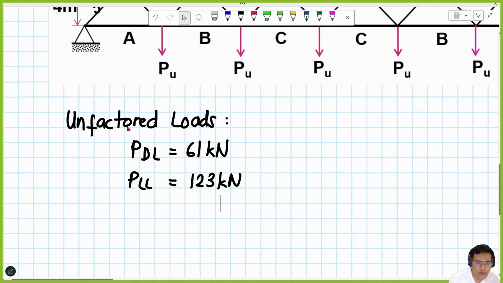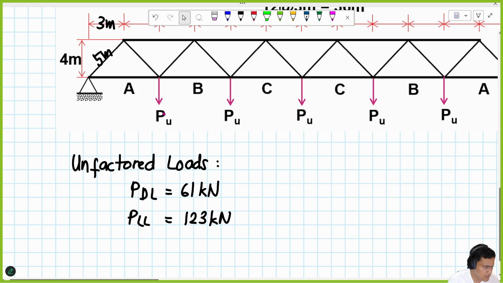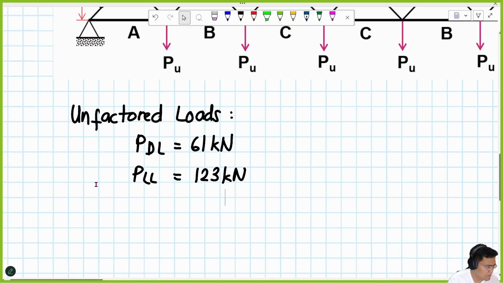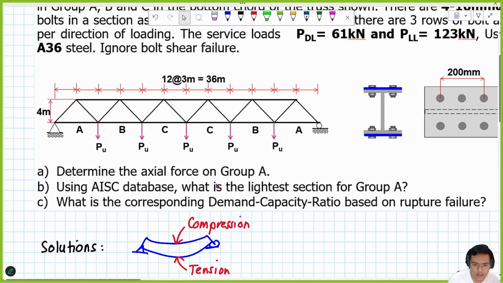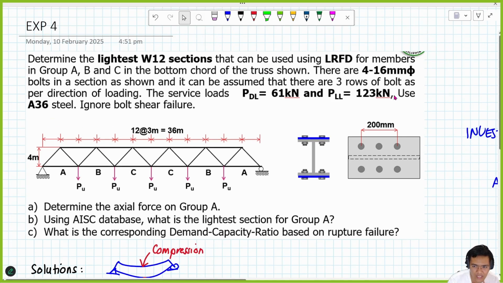Now if we want to calculate kasi yung P sub U, 'di ba? Yung P sub U natin is if we go back on the LRFD design procedure, mayroon tayong appropriate load combination. But dito kasi ang given is dead load and live load lang, so matik 'yun. Pagka dead load and live load ang given, ang mag-govern is yung 1.2 dead load plus 1.6 live load.